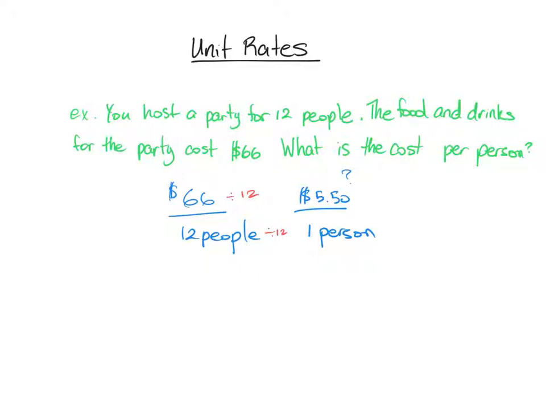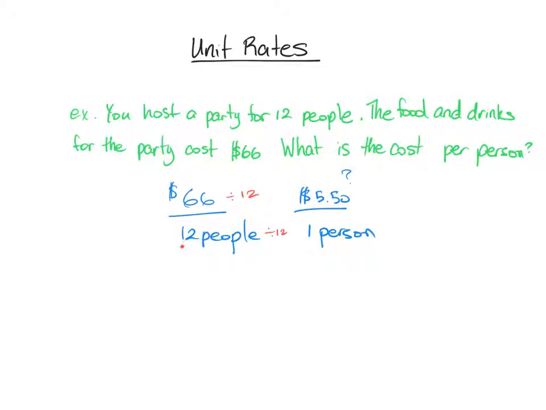So when you're trying to find a unit rate, it's completely okay to get a decimal or a fraction. And we will get a decimal or a fraction sometimes because we are dividing by something that's not necessarily a common factor. So always, in these questions, when you're asked to find the unit rate, always divide by the number in the denominator.